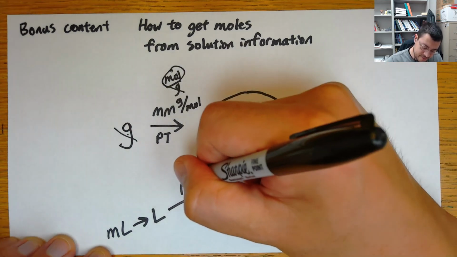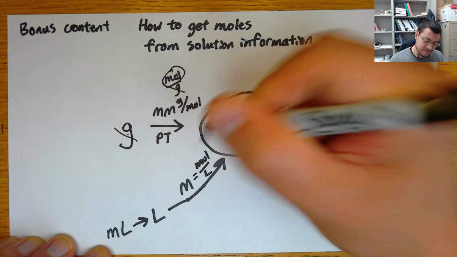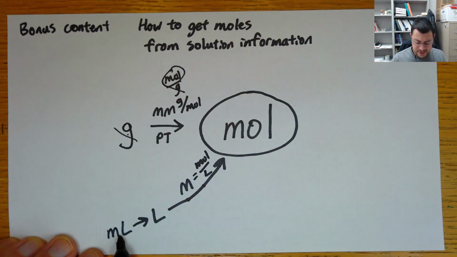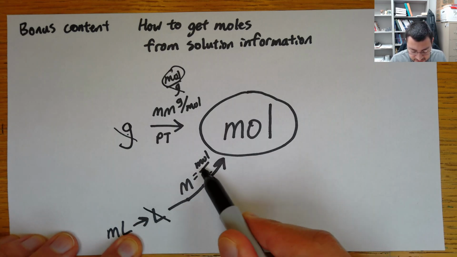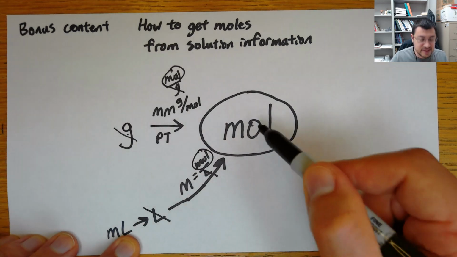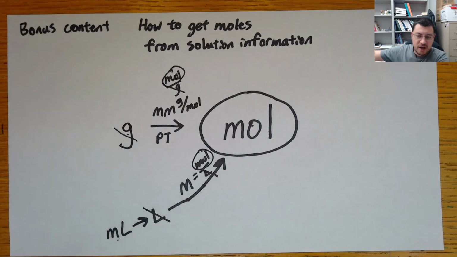Well, molarity is units of moles per liter. So once you've done the busy work of changing your milliliters into liters, you can multiply your volume by the molarity, cancel out your liters, and that's how you get to moles. And once you have the moles, you can do the rest of the stoichiometry problem like we showed, like normal.